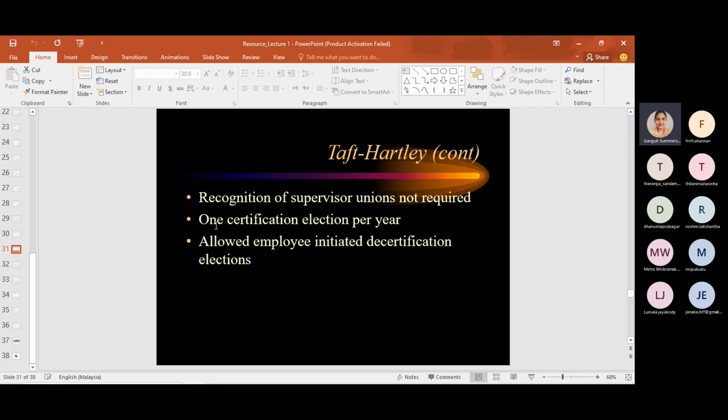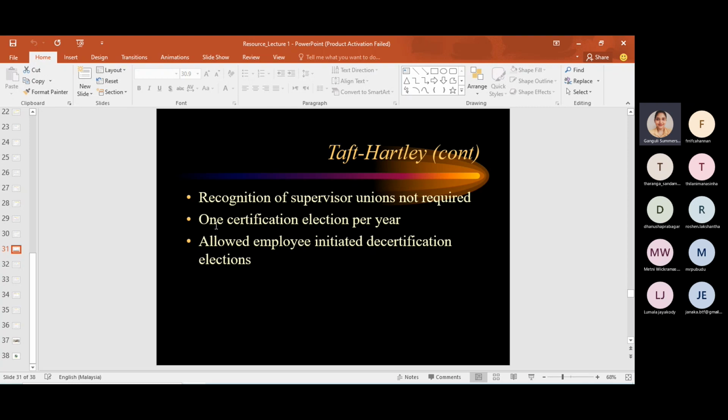Like in a university batch we have a batch representative to represent the entire batch. Likewise, in a labor union, you need 1 person to be the leader of that union, right? So to appoint that leader, you need an election. That election of appointing the leader is called certification election.